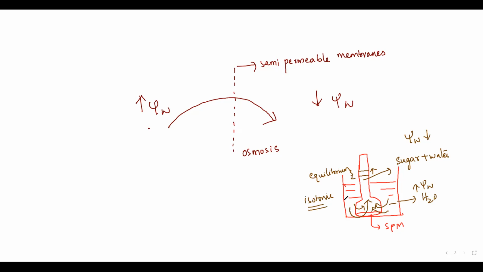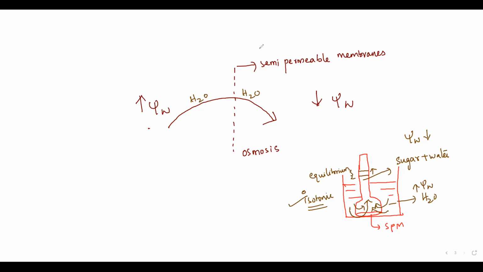This happens in all the processes, whether it is diffusion, facilitated diffusion, or osmosis. The movement of ions and molecules is seen until an isotonic environment is built up. So this is the movement of water molecules across the semi-permeable membrane from a higher concentration to a lower concentration.